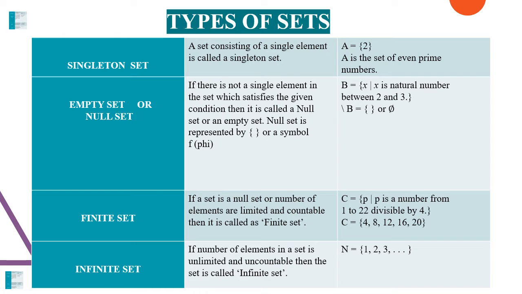So whenever we have a number of elements in a set which is unlimited and uncountable, then the set is called infinite. So all the four sets are clear with everyone. You have to just try to understand the example given to you, and try to relate it with each type of set and then get your answer.